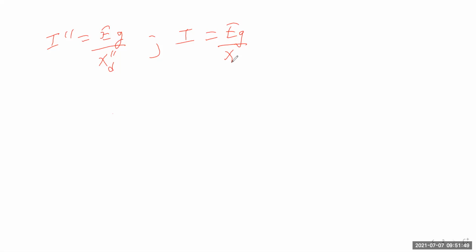So the ratio would be I double dash by I, which equals Xd by Xd double dash.